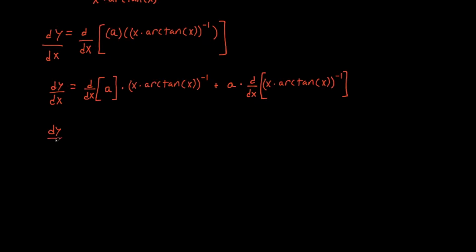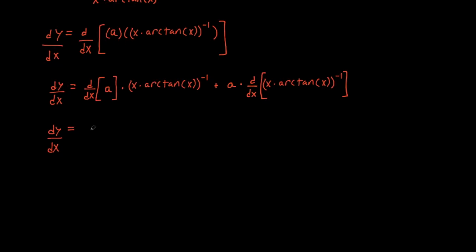So the derivative of a with respect to x is going to be equal to 0 because the derivative of a constant is equal to 0. It doesn't even matter what this value is because it's 0 times this.